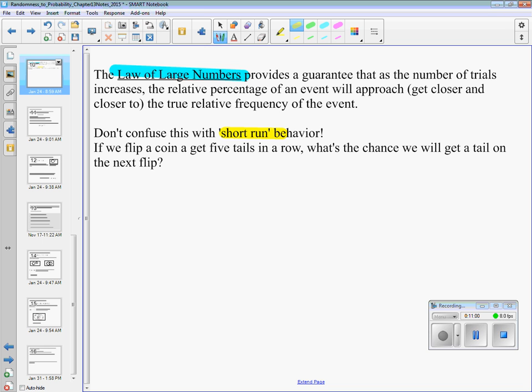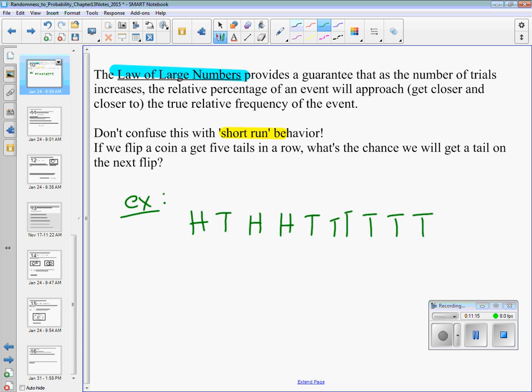And I flip coins, and I get heads, tails, heads, heads, and then what is the probability that the next one will be a tail? It's still 50. It's still 0.5.